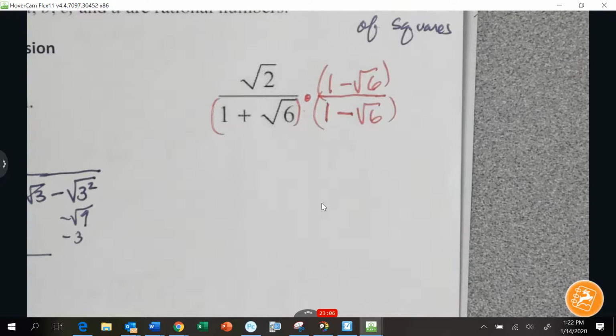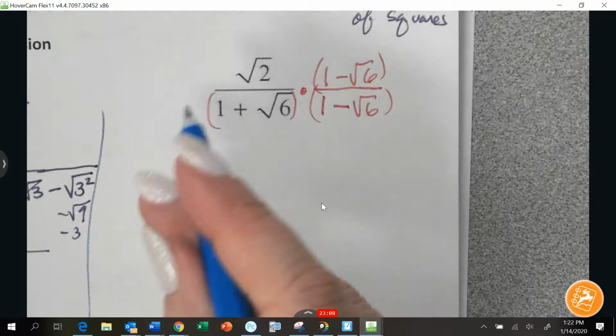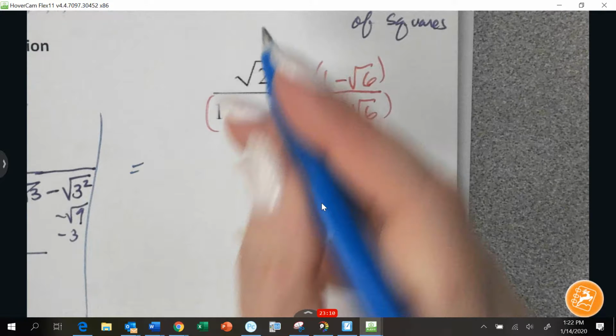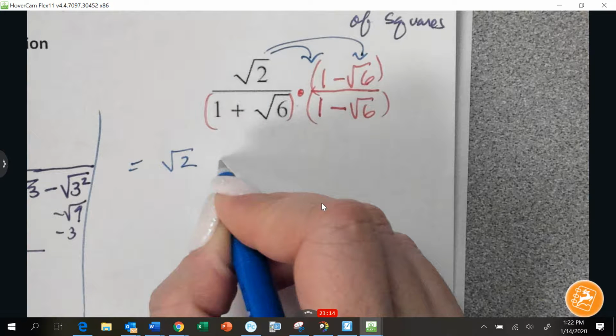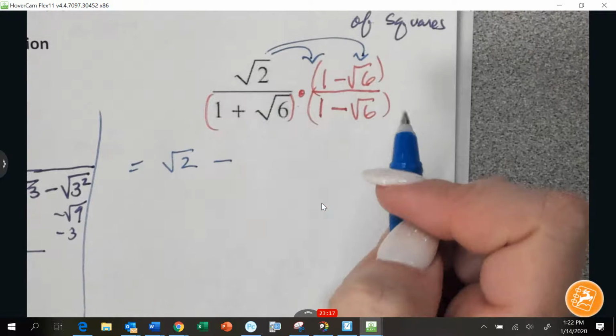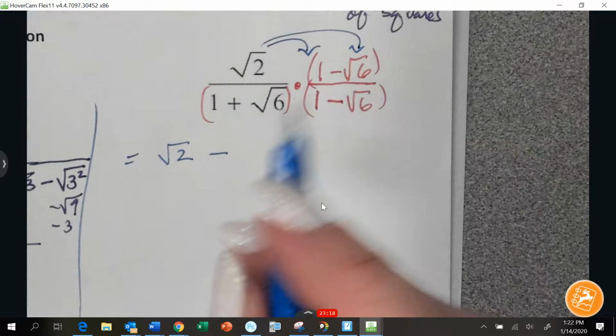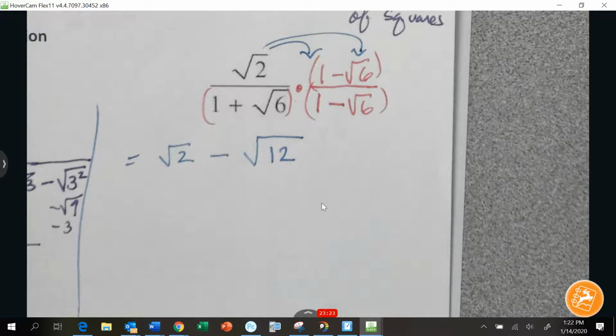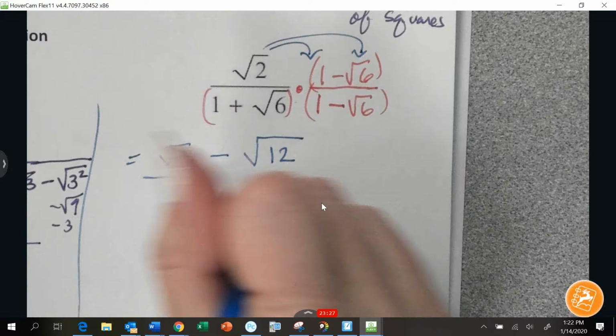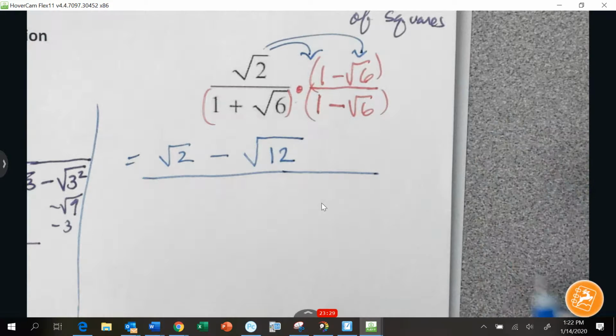On the top, I'm going to distribute. I'm going to have square root of 2 minus, what happens when I multiply square root of 2 times square root of 6? We get square root of 2 times 6, which is square root of 12. That was stuff that we did yesterday. On the bottom, we are going to use our box method or our FOIL method to multiply 2 binomials.